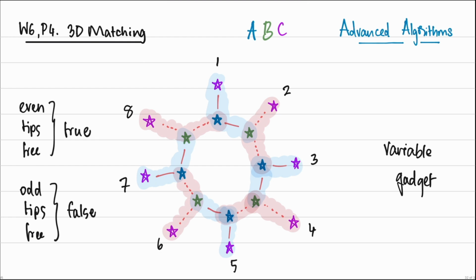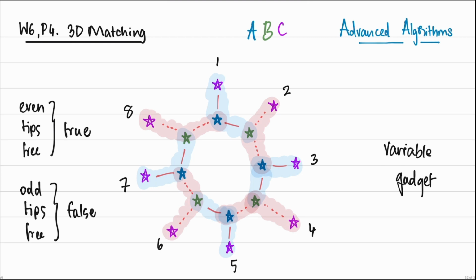So if we cover 1, 3, 5, and 7 from here, if we pick the blue colored triples, then that means that we are setting this variable to true. But if we're doing it the other way, then we are setting it to false. It doesn't really matter which way you choose to fix this convention. What is important is that once you've fixed it, you stick to it and make the rest of the construction with the clause gadgets consistent with whatever you have decided here.